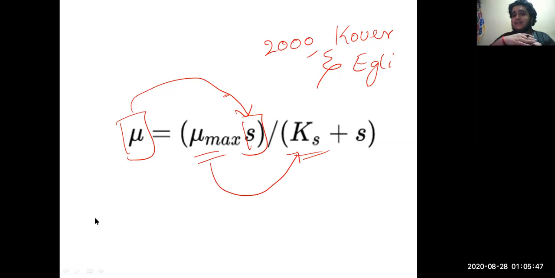Now, how they did this involves pretty complex mathematics and a lot of experimental data. They did a metabolomic study, and it's a pretty old paper, so most of the work was manual and not automated. But the end result was that these parameters, mu max, s, and Ks, widely depend on the past of the growth medium, which is basically the utilization of substrates.